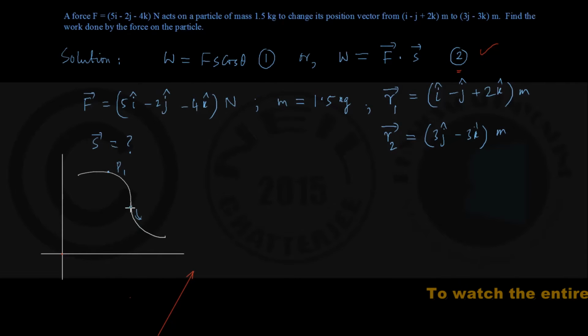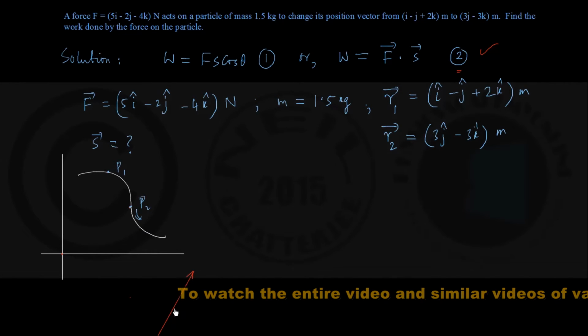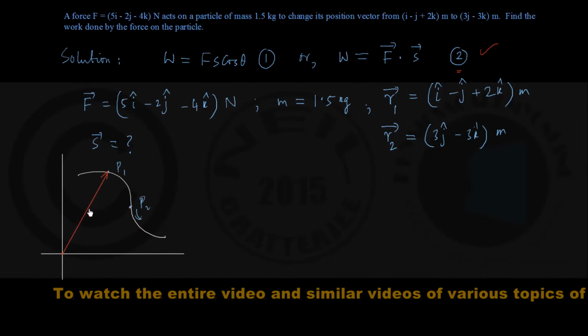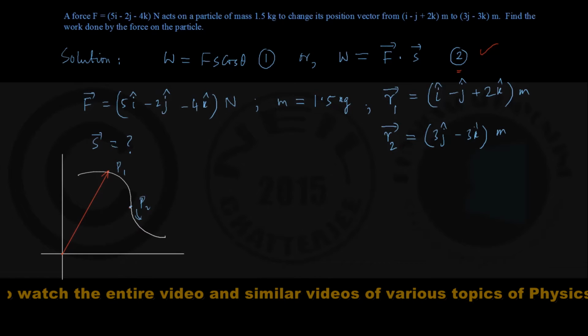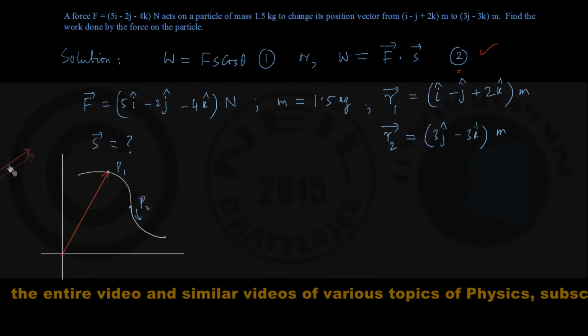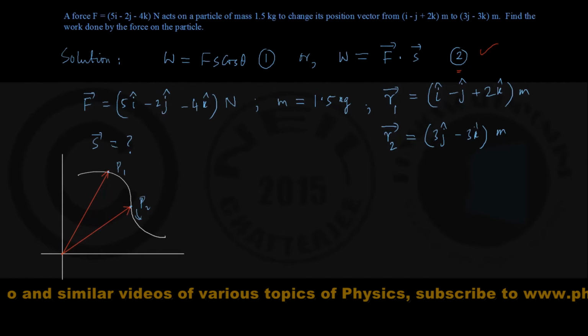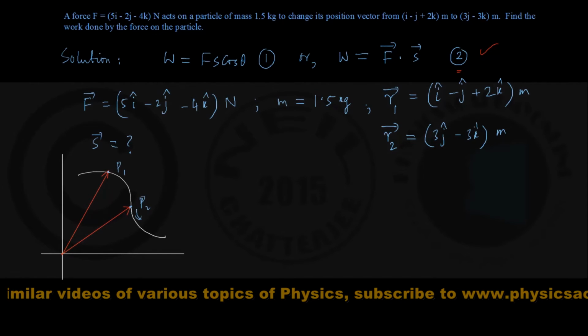Later it comes somewhere here, that is the point P2, and correspondingly the position vector of the particle initially was this, and finally the position vector has come here, that is origin to the point P2. So let me name it.